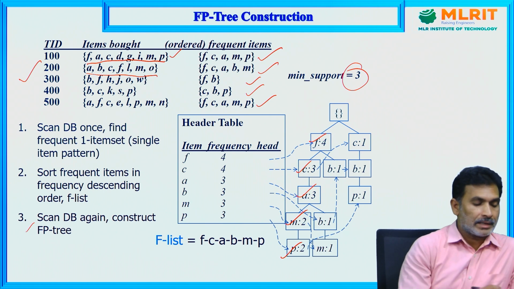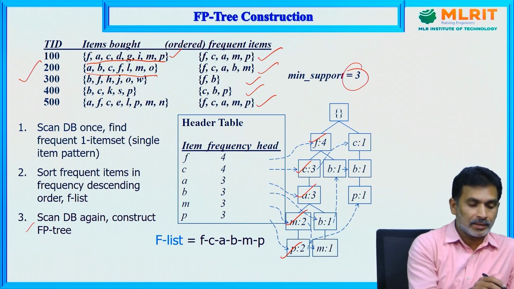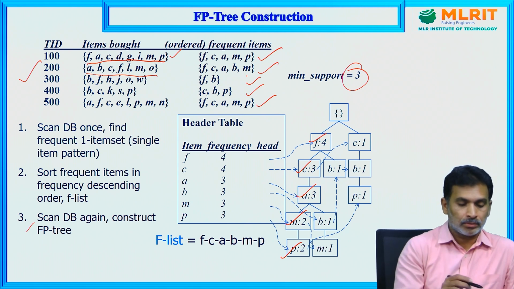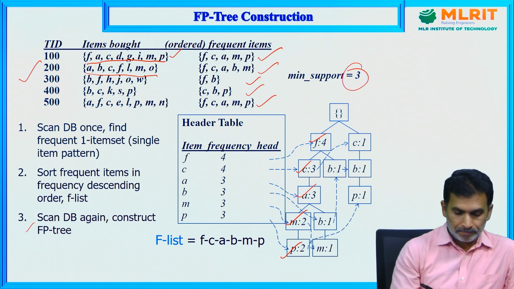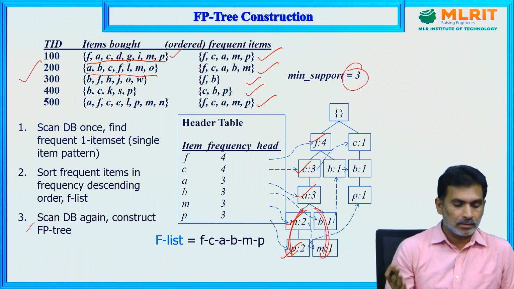And the second transaction has these items, but only these qualify as one-item frequent item sets. So then F, C, A, B, M. From the previous path we have constructed, this is a new path because first B appeared and then M appeared.